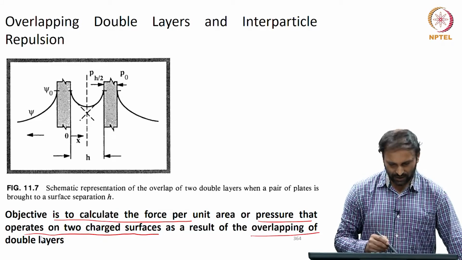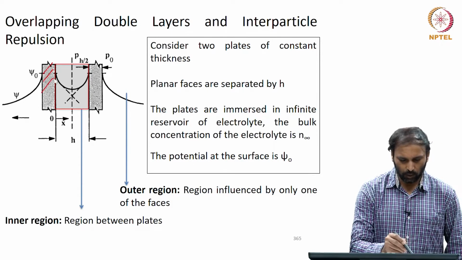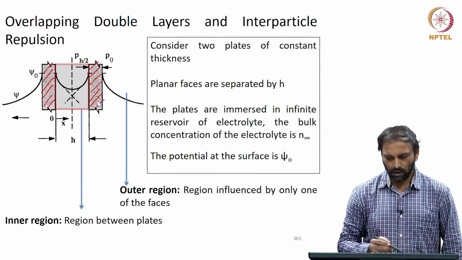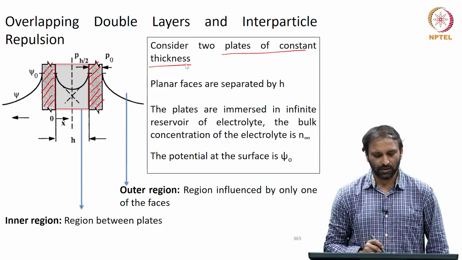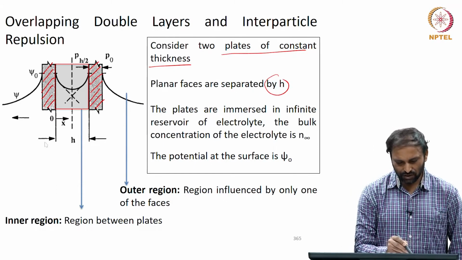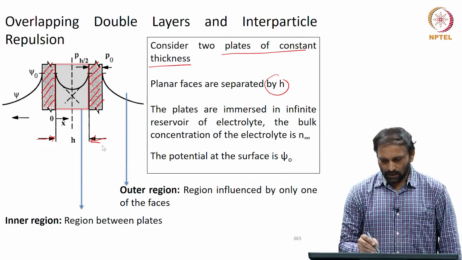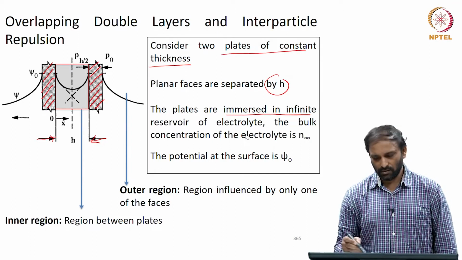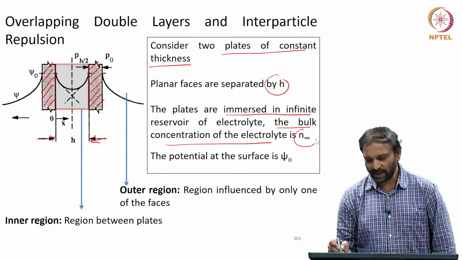So, you have a schematic here. This is a schematic of two plates, that is plate 1 and that is plate 2, and these are two plates of constant thickness, and they are separated by a distance h, that is the distance between the two plates. The plates are immersed in an infinite reservoir of electrolyte, that is, the bulk concentration of the electrolyte is n infinity.